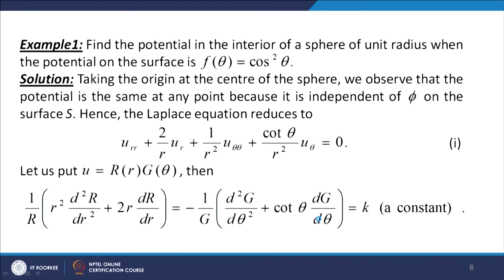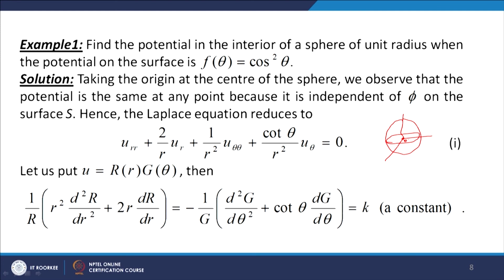Find the potential in the interior of a sphere of unit radius when the potential on the surface is cos²θ. Let us take the center of the sphere as the origin.